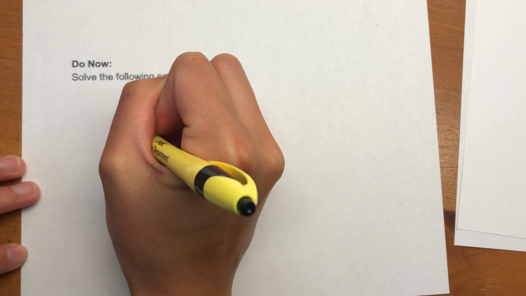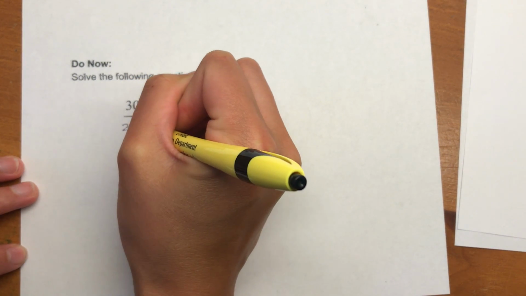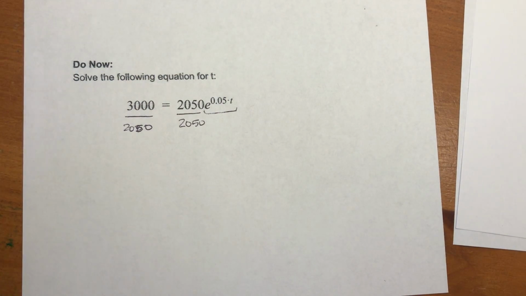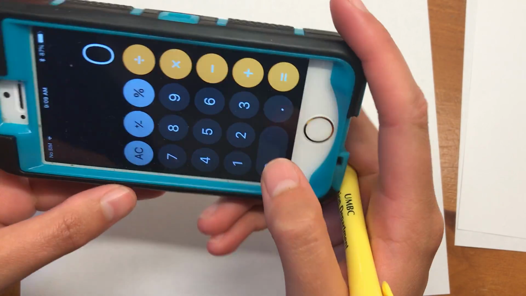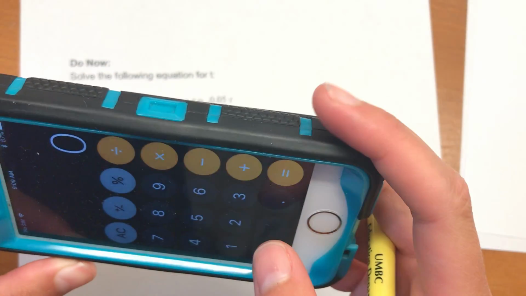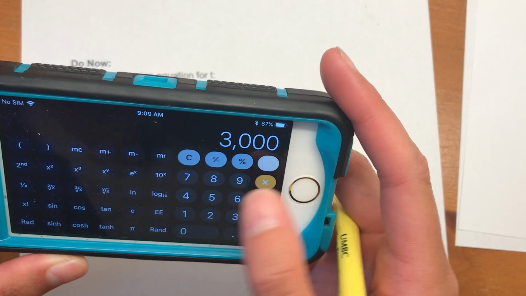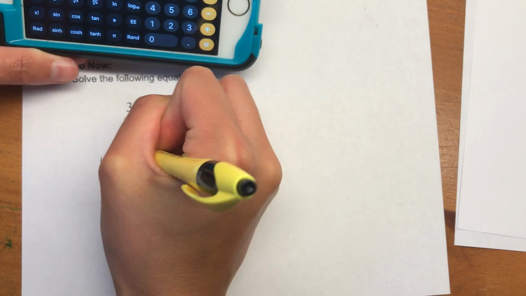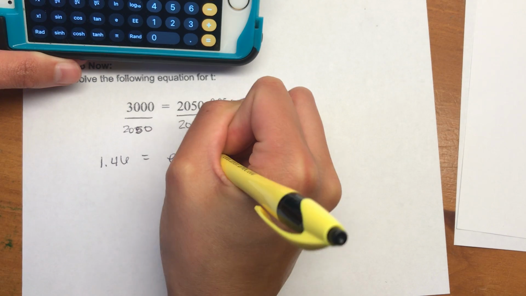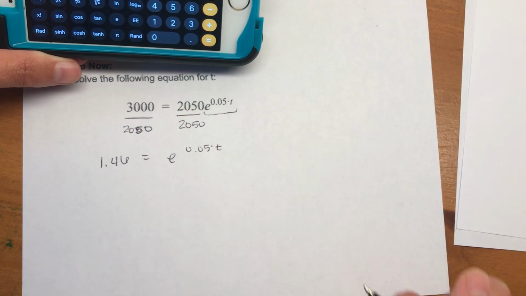So when I divide both sides by 2050, I'll use my calculator: 3000 divided by 2050 equals 1.46, I'm going to round here, equals e to the 0.05 times t.